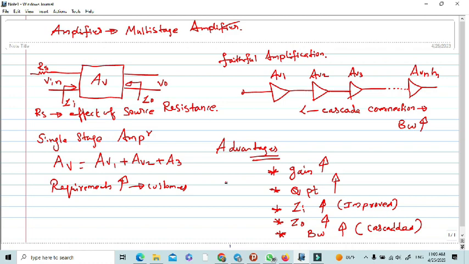If the customer needs high bandwidth, they will go for cascaded connection type of amplification. So these are the very important advantages of multi-stage amplifier. So before going to learn, we need to know about this, the multi-stage amplification.